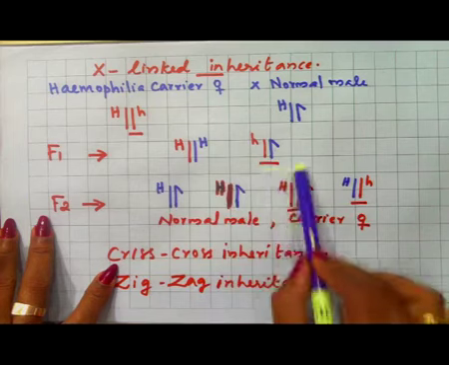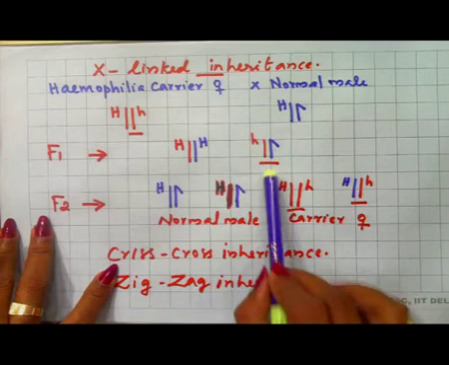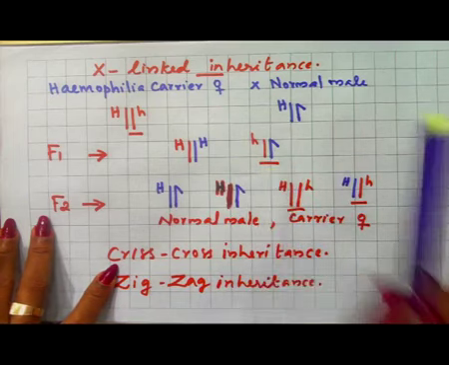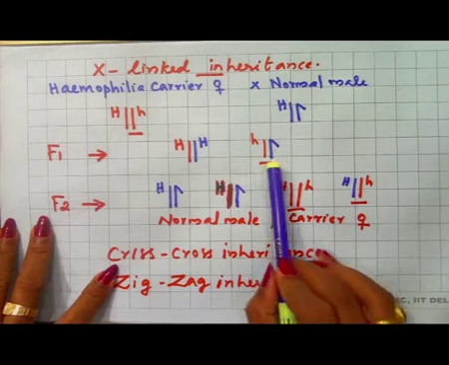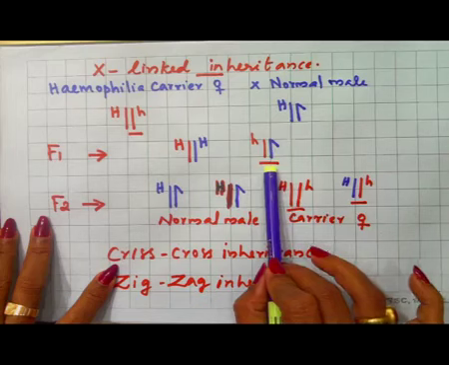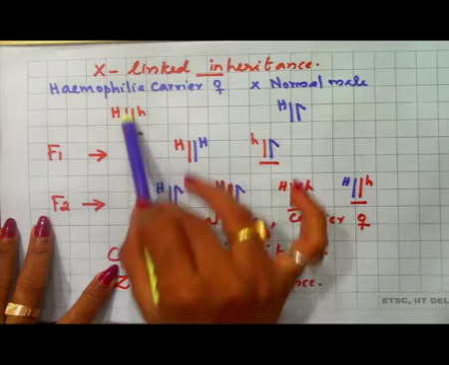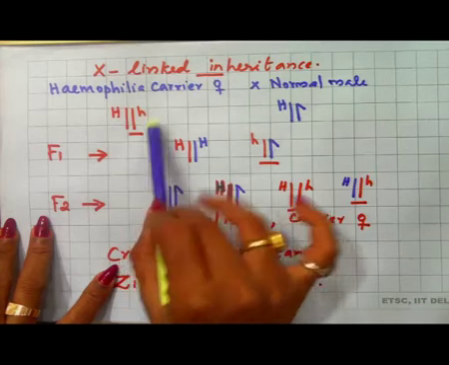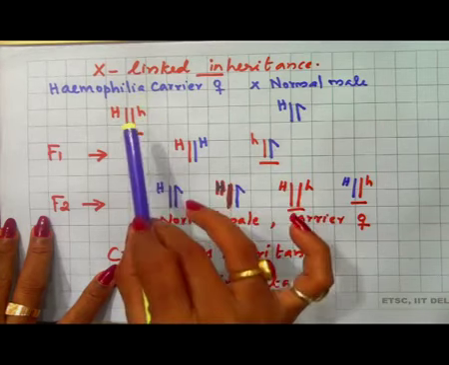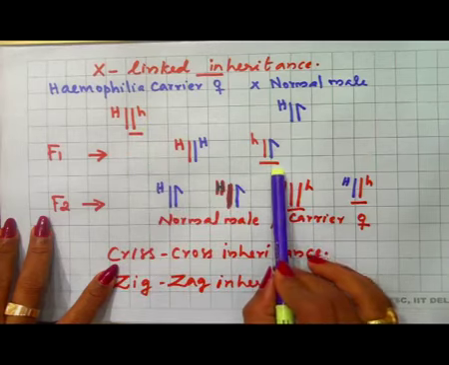So, how does this particular male individual become hemophilic, and from where is this gene for hemophilia transmitted? You just see, it is transmitted from its mother. So, from mother to son.